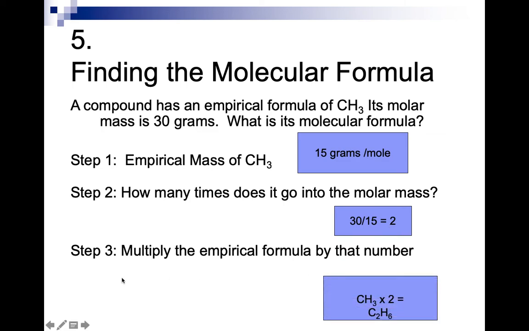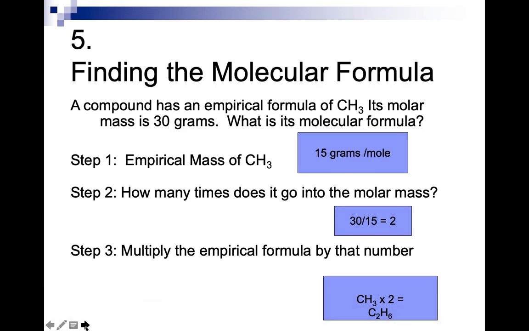So then you multiply the empirical formula by that number. They give you the empirical formula, which is CH3. You multiply it by 2. So 2 times 1 carbon gives you 2 carbons. 2 times 3 hydrogens gives you 6 hydrogens. So the molecular formula is C2H6.